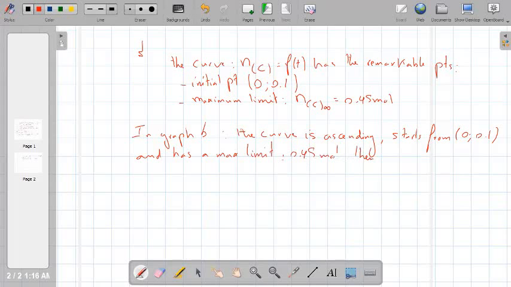Then this graph is the correct one. It represents the variation of this system.